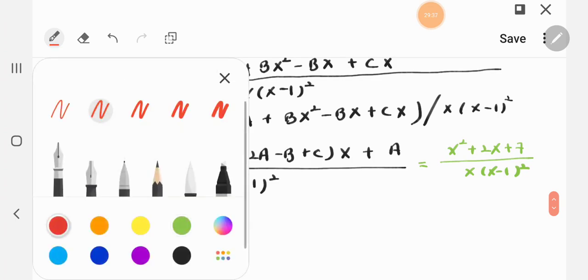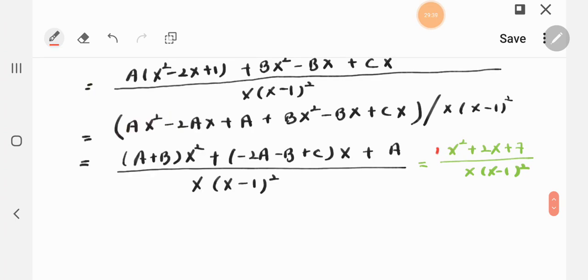So from this, the coefficient of x squared should be equal to 1, and the coefficient of x should be equal to 2, and the constant should be equal to 7.